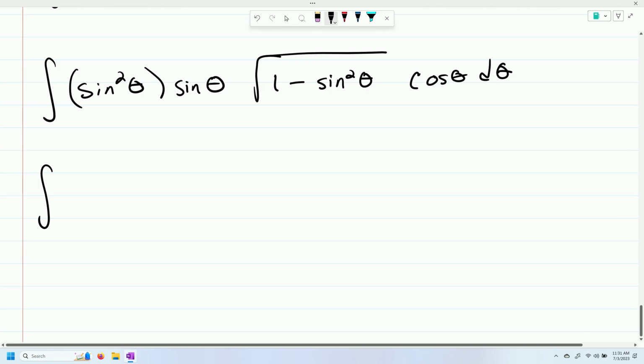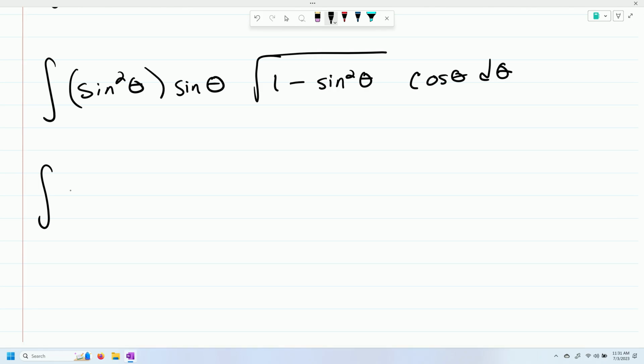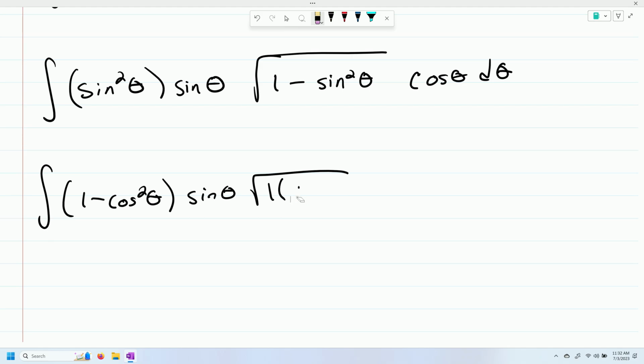So sine squared theta is going to be 1 minus cosine squared theta times sine theta times the square root of 1 minus sine squared theta, which I guess we could just make cosine squared theta, times cosine theta d theta.